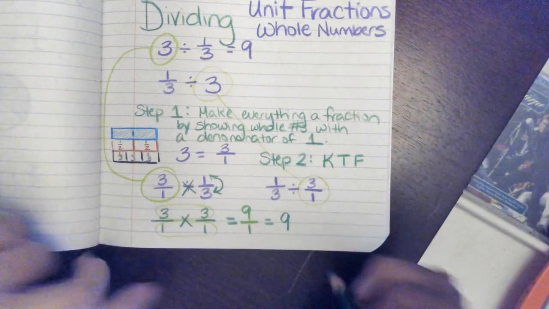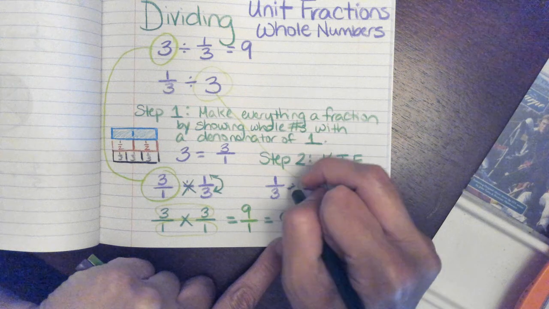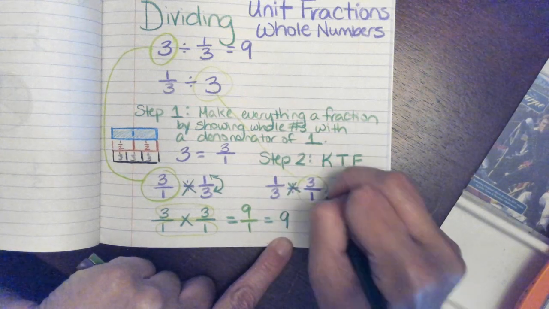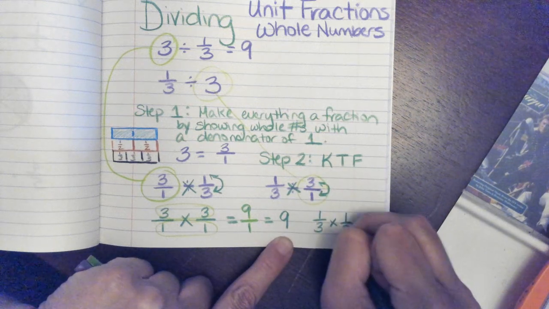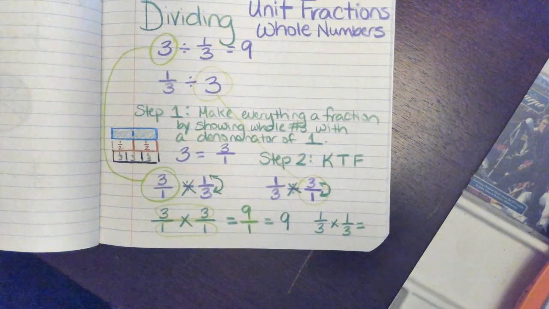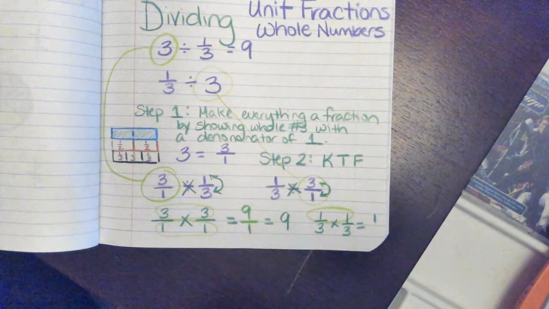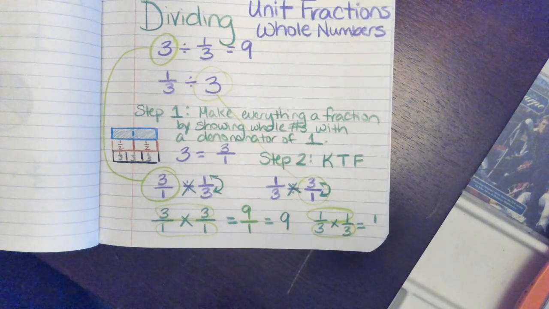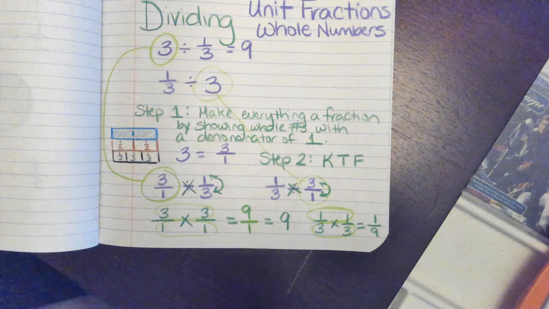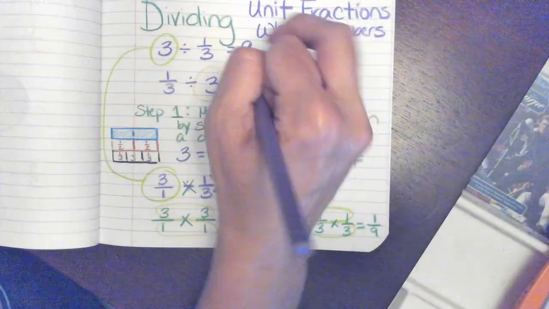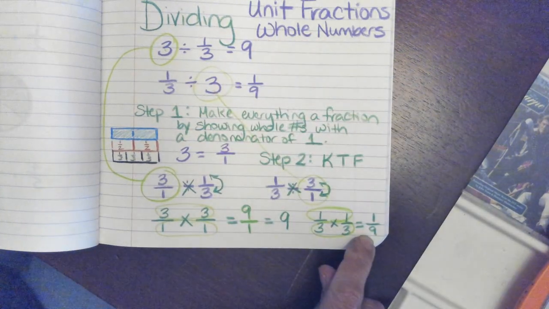We keep 1/3, times, flip: 3 over 1 becomes 1/3, and then I just do it. 1 times 1 is 1, 3 times 3 is 9. So 1/3 divided by 3 equals 1/9.